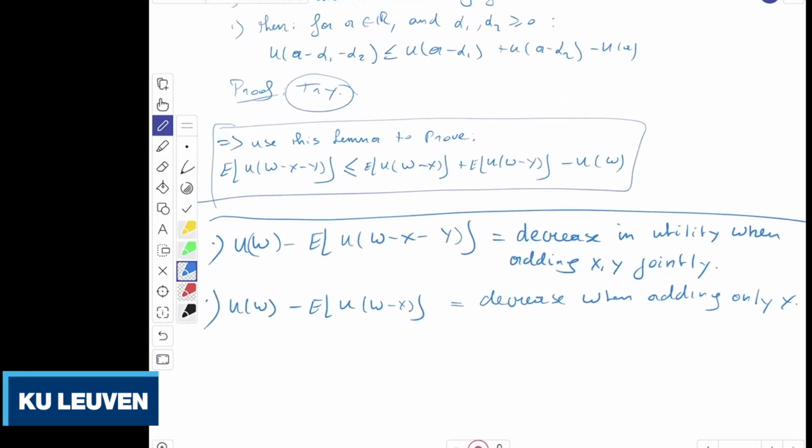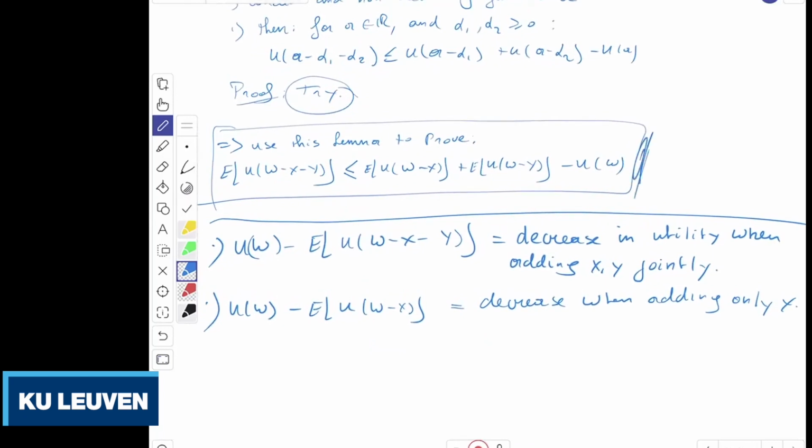Okay, so what this inequality tells you now is that u(w) minus the expectation u(w - X - Y), so your loss in utility when you're adding X and Y simultaneously, this is bigger.